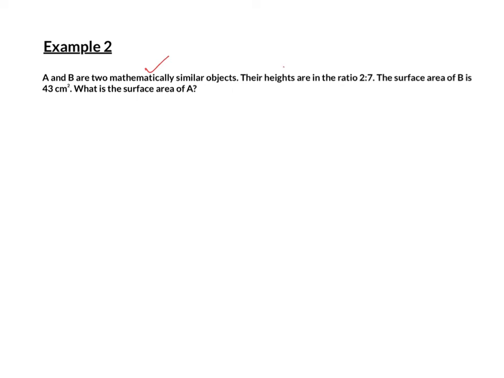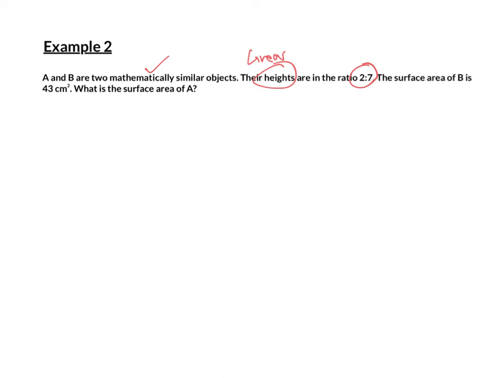Here we have their heights, so that's linear, the first dimension. And we have a ratio, so two numbers. Normally you're given lengths, like 20 centimeters, 70 centimeters, but they just become a ratio anyway. As long as you've got two numbers, you're fine. So that's what we need to work out our first scale factor.